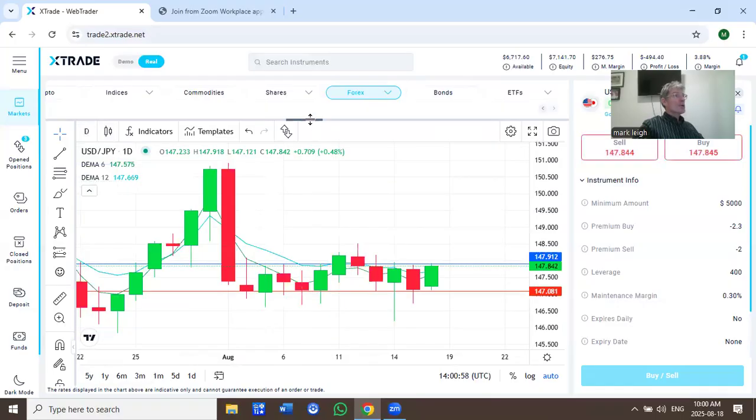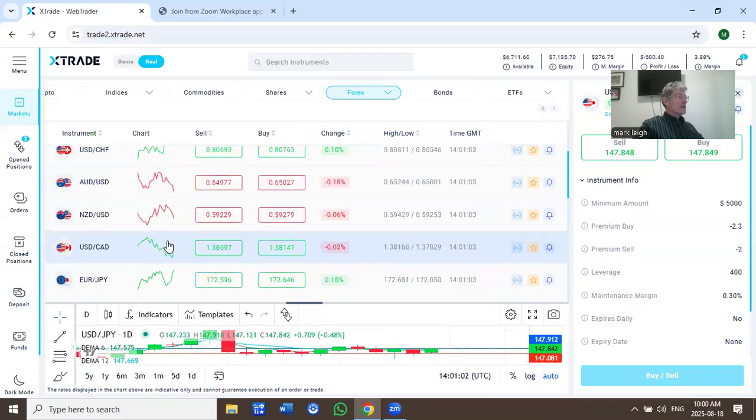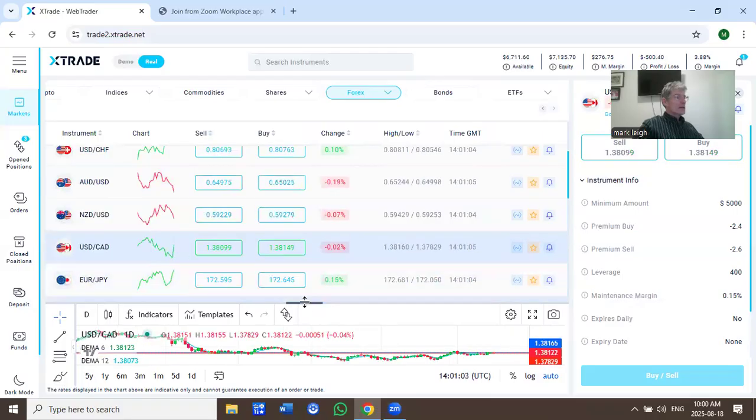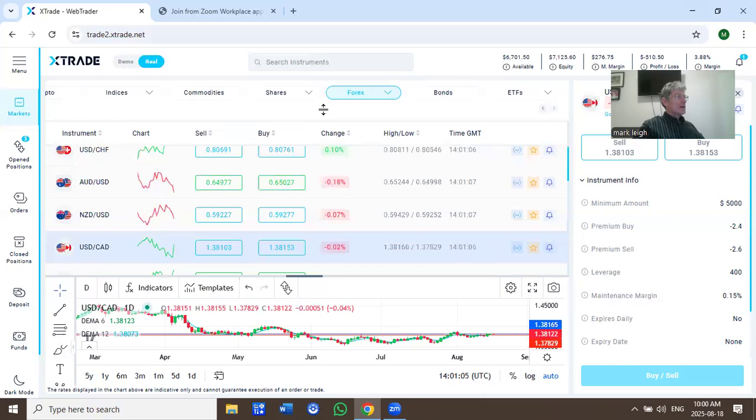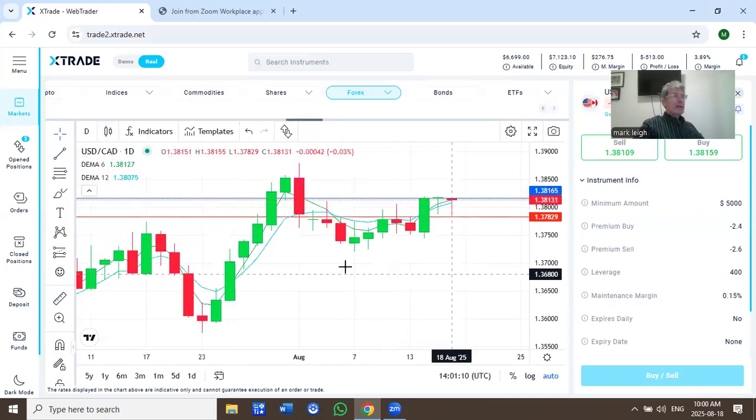Let's have a look at the US against the Canadian. Different pattern here, different start.